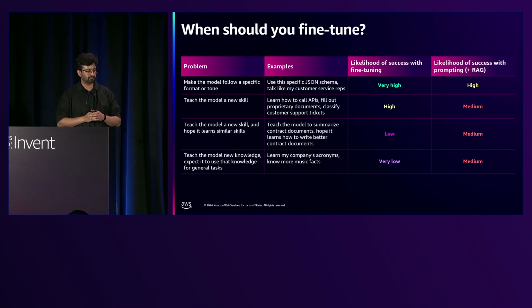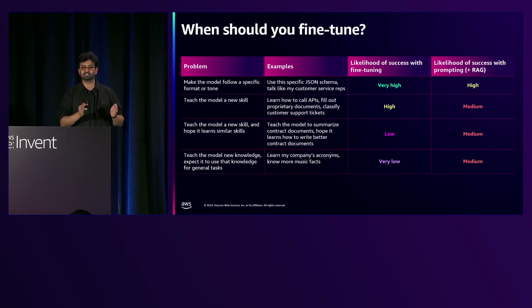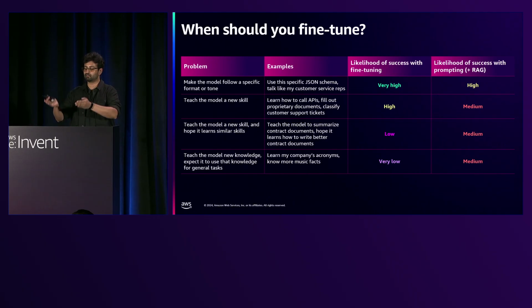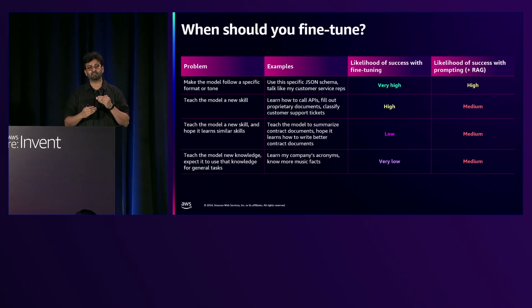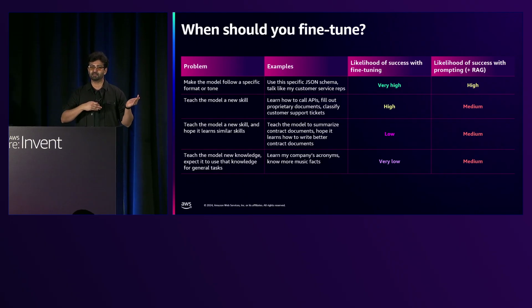In the last case, where if you want to teach a model some new set of knowledge and has to use that knowledge to actually solve tasks, that's where it's even lower likelihood that fine-tuning will work, right? So think of it like you're fine-tuning for a particular task, and it can do really well at that task, and you can evaluate it at that task, and you can be super confident that it'll work there. But it's two sides of the same coin. So if you want to generalize, you're better off using a base model or prompting and RAG as well.